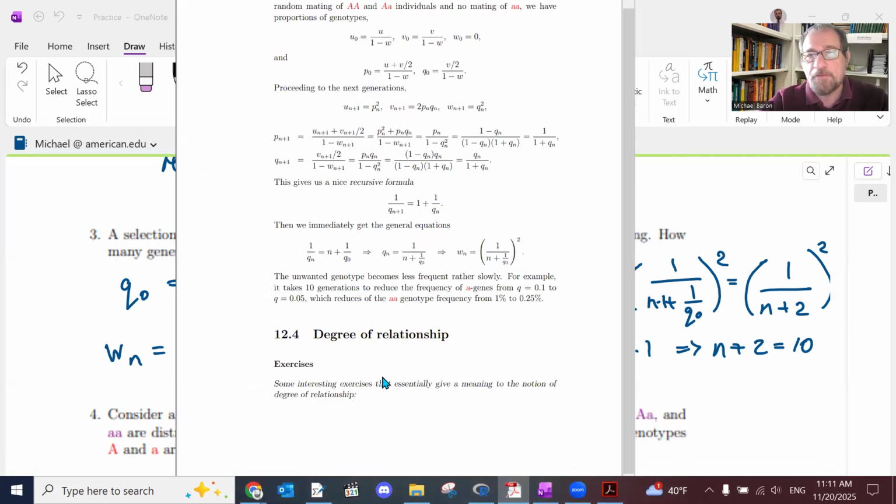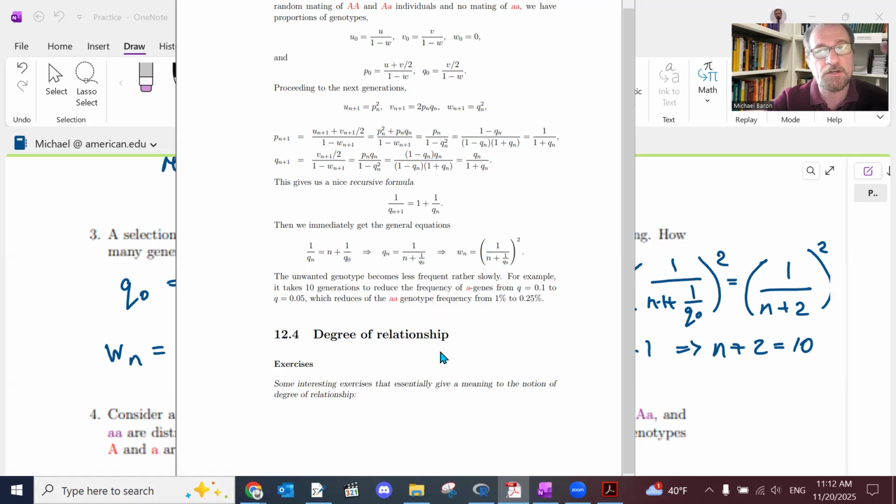If a dog has a black ear, what's the probability that its grandson also has a black ear? What's the probability that the dog's nephew has a black ear? And if the probability is higher, that will tell you that they're closer relatives. In that way, we're defining the degree of relationships.